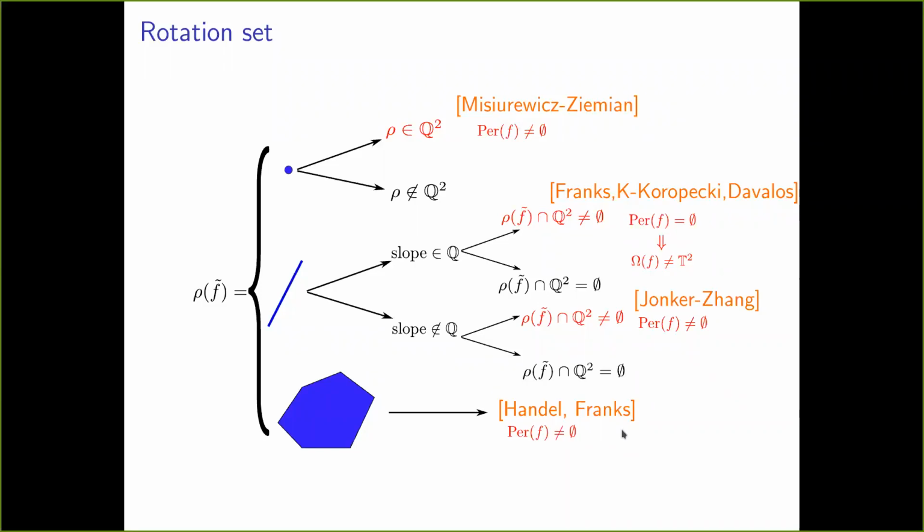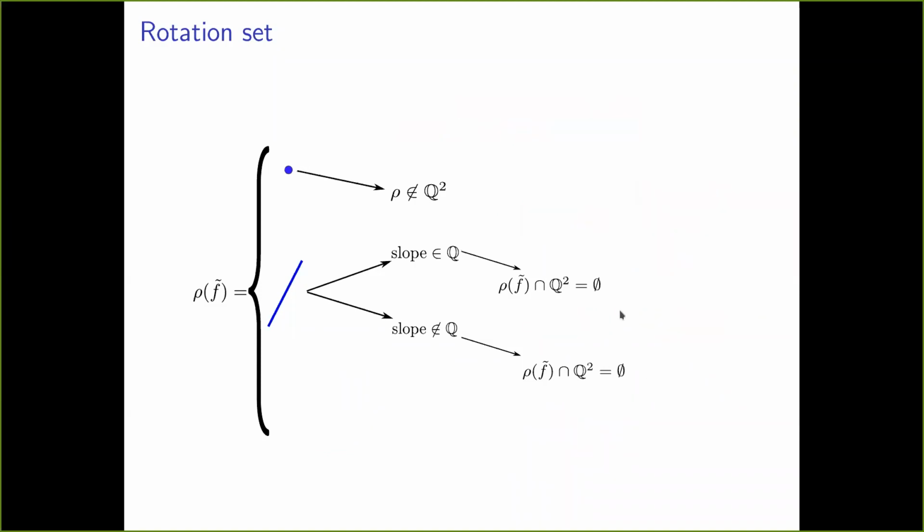So that means that if you want to study, for instance, non-wandering periodic point free homeomorphisms, or minimal homeomorphisms, you can restrict to the following cases. When the rotation set is a point, and this point is not a rational point.